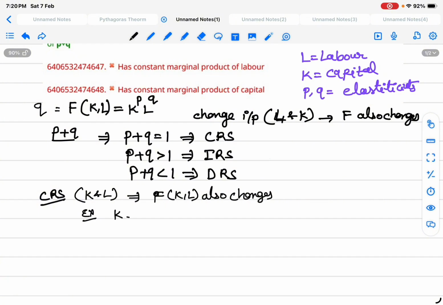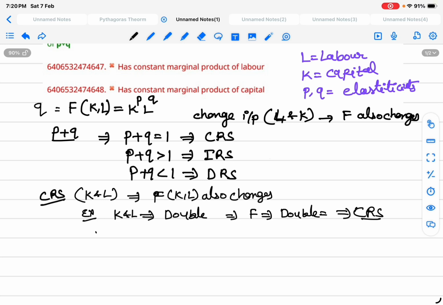If K and L are both doubled and the output F also doubles, then it is called constant returns to scale.